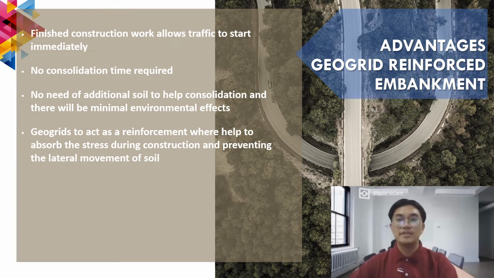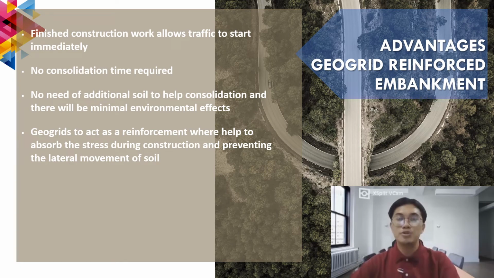There are several advantages of the geogrid reinforced embankment. The first one is that the finished construction work allows traffic to start immediately. There is no consolidation time required and no need for additional soil to help the consolidation, and there will be minimal effect on the environment.